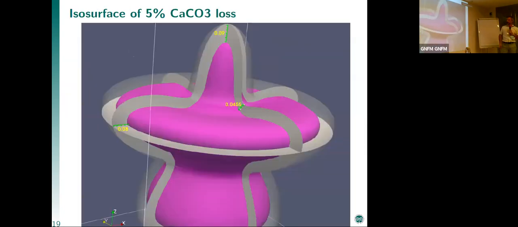So you could imagine performing some measurements afterwards. These numbers are in entirely arbitrary units, I'm sorry, because the model has not been calibrated.